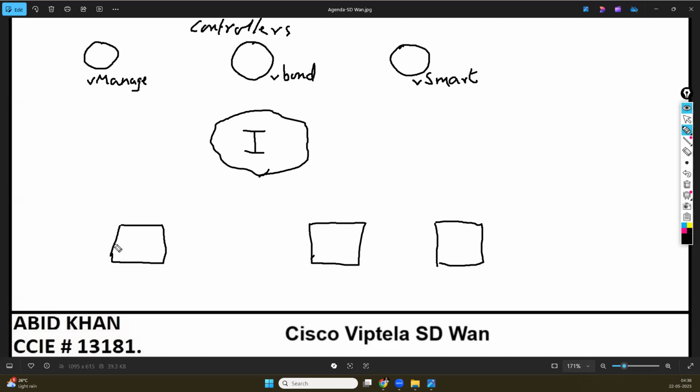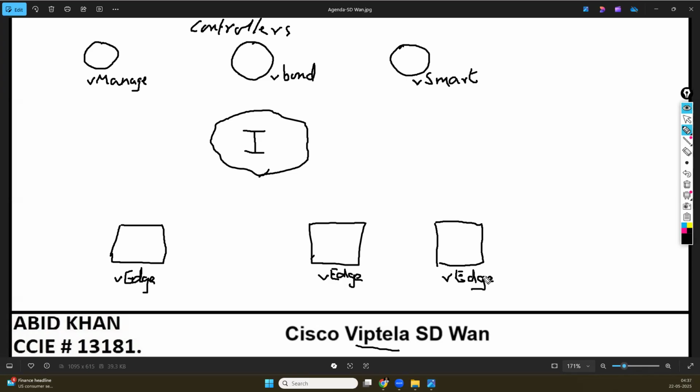Now, who are the WAN routers? Are they traditional routers? Since this was originally Viptela, they were called vEdges. Viptela had their own range of WAN routers.